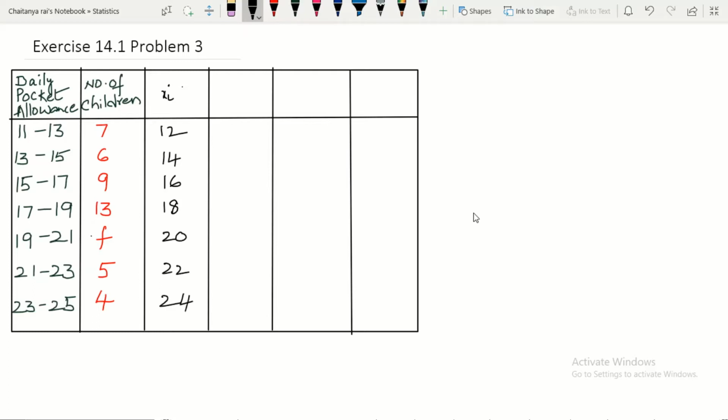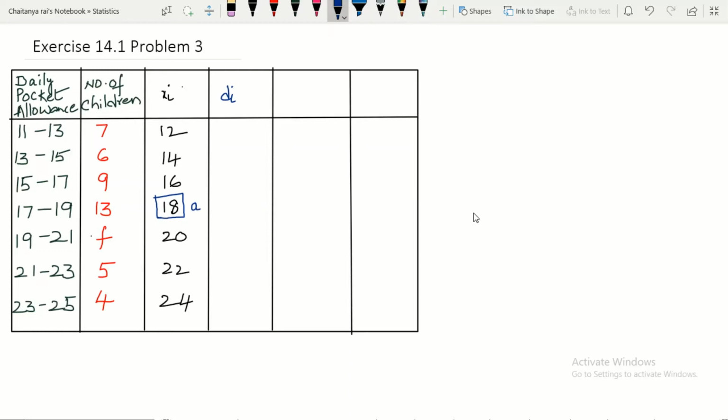Next we will calculate di. First we have to choose one among the class marks and assume that it is the mean. Here I took 18 as the assumed mean.